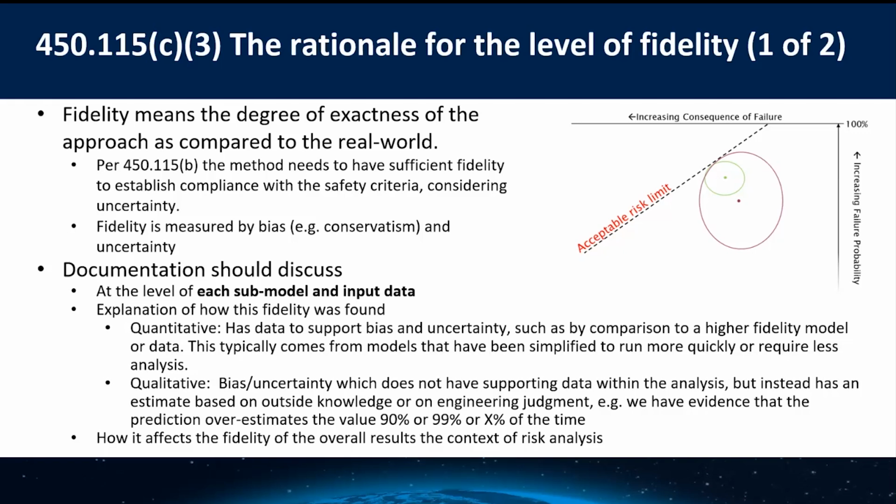In either approach, the discussion is necessary that explores and quantifies how the uncertainty affects the fidelity of the overall results in context to the risk analysis, particularly the values that are used to comply with the safety criteria.